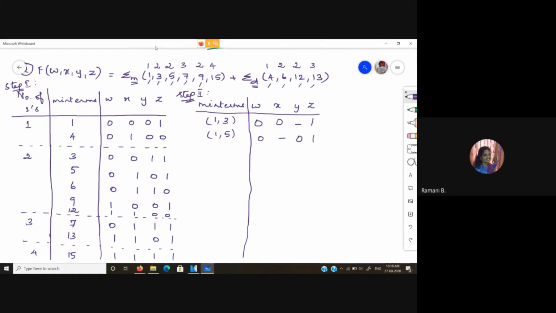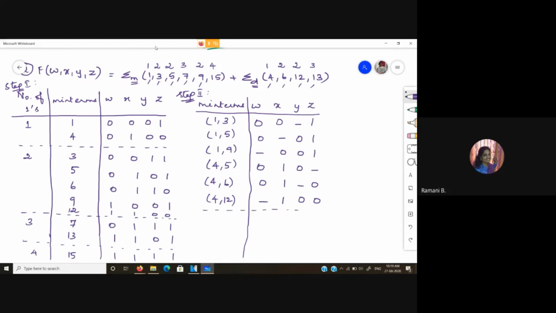Then comparing 1 with 6, many variables change. Then 1 with 9, dash 0 0 1. And 1 with 12, many variables change, so we leave it. Then coming to 4, 4 with 3, many variables change. Next we have 4 comma 5, so 0 1 0 dash. Then 4 with 6, 0 1 dash 0. Then 4 with 9, many variables change. And 4 with 12, dash 1 0 0.